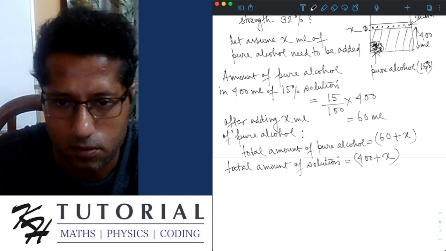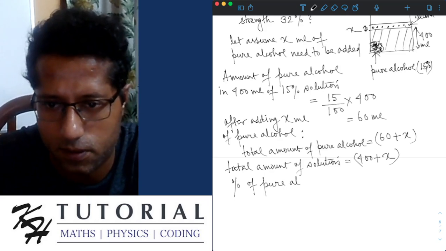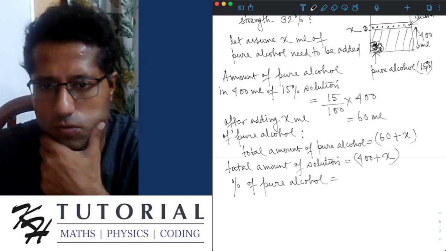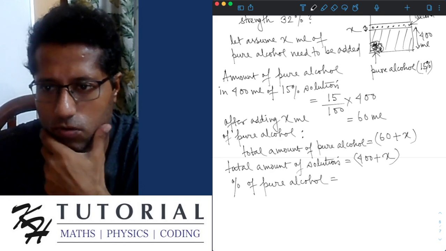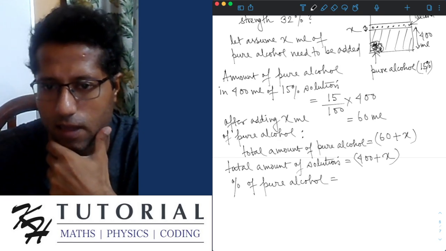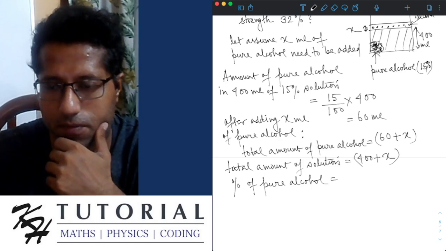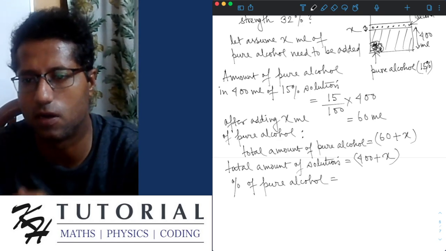So now the percentage of pure alcohol becomes, after adding x ml of pure alcohol, we will see that the total amount of pure alcohol becomes 60 plus x, and the total amount of the entire solution is 400 plus x. So what will be the percentage of pure alcohol?